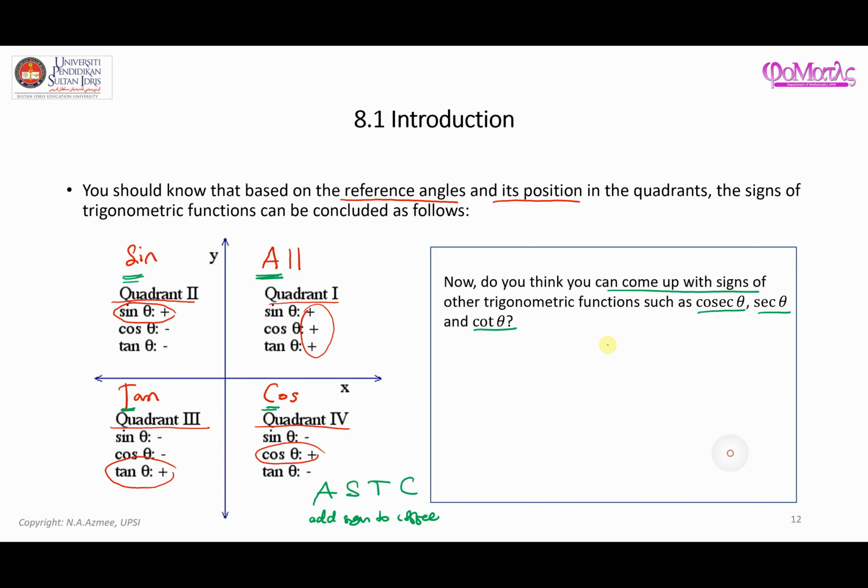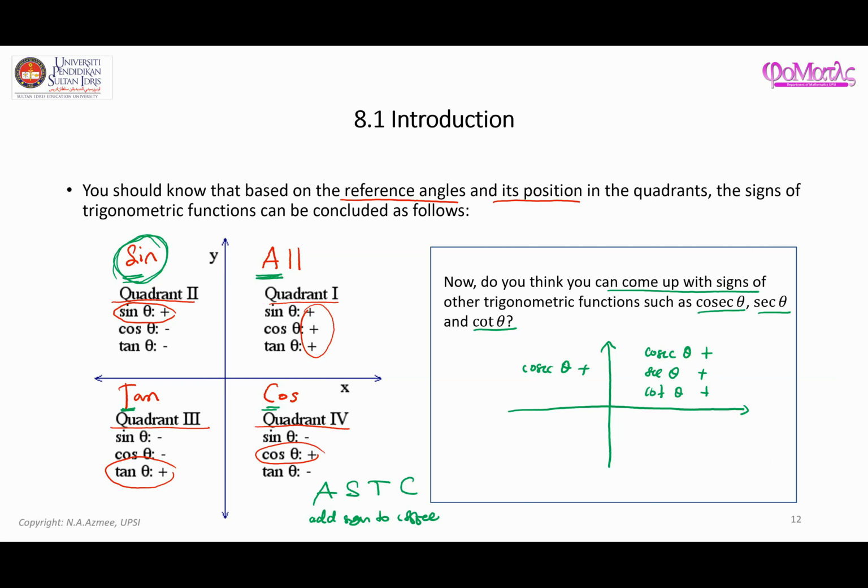Following this same idea, I'm sure that you can say for the first quadrant, cosecant of theta will be positive, secant of theta will also be positive, and cotangent of theta will also be positive. However, in the second quadrant, only something related to sine of theta will be positive, so only cosecant of theta will be positive.